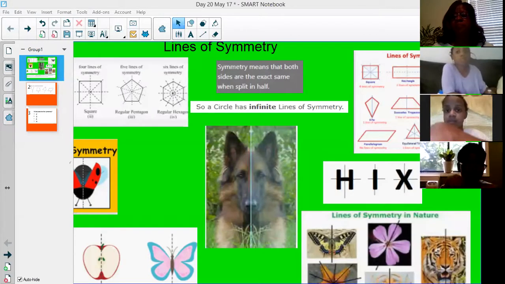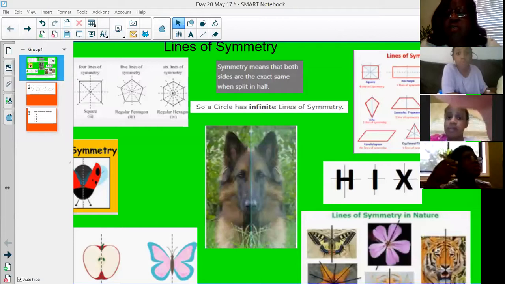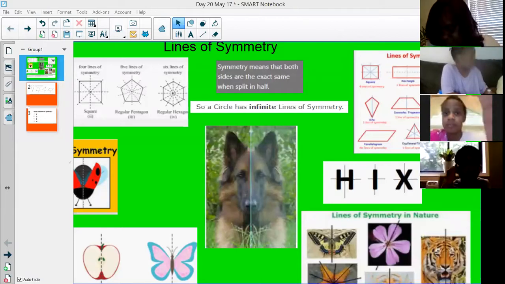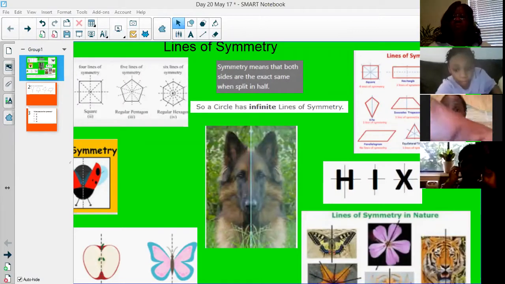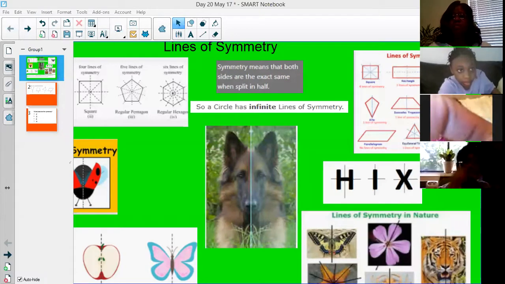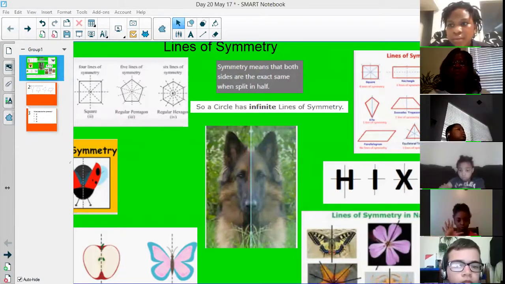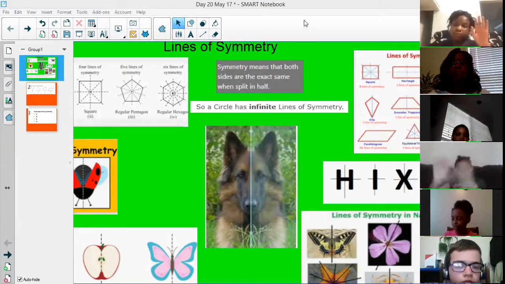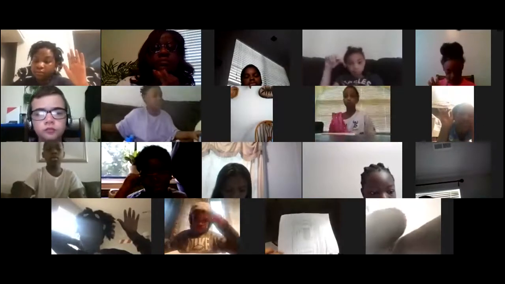Okay, so today we're just going to review line of symmetry. Who remembers what a line of symmetry is before I even... What's a line of symmetry? Makai, what's a line of symmetry?